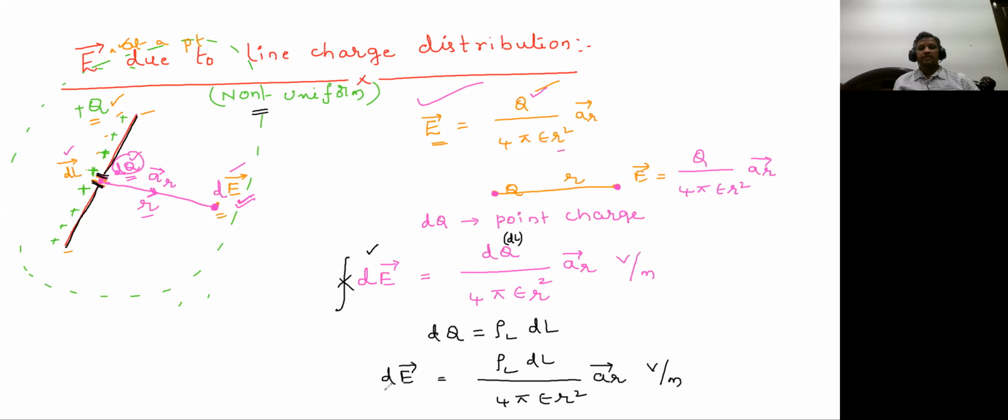Now you can definitely take line integration on both sides. Then what you will get is line integral of dE is equal to line integral of rho l dl by 4 pi epsilon r square aR vector.